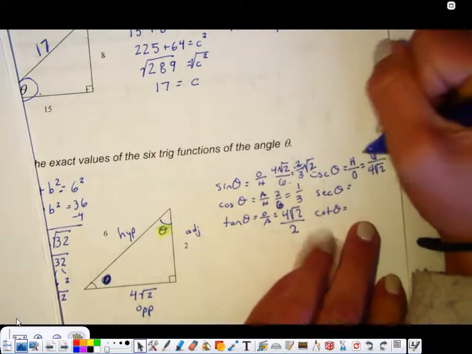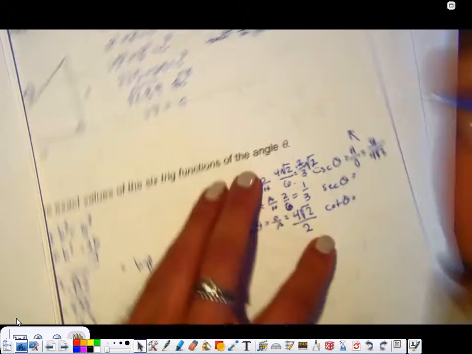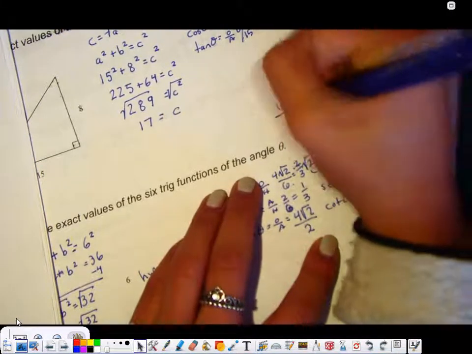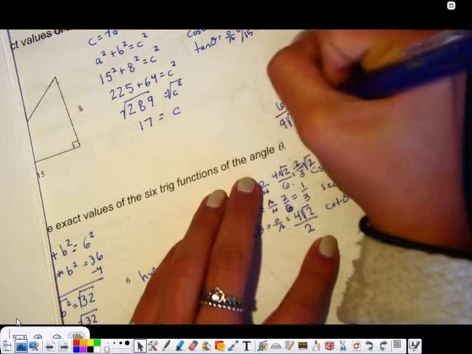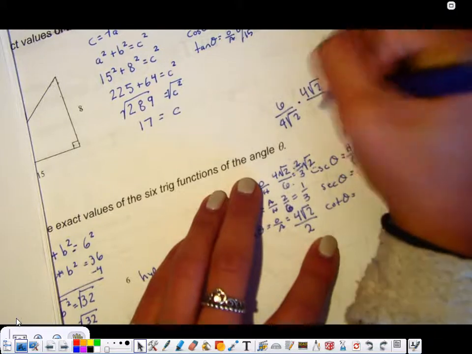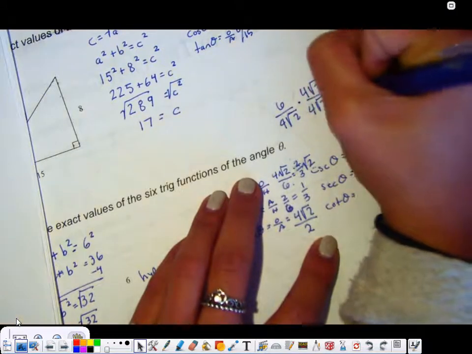Okay. So, you can't have a square root in the denominator, so that's going to be 6 over 4 square root 2 times 4 square root 2 over 4 square root 2.